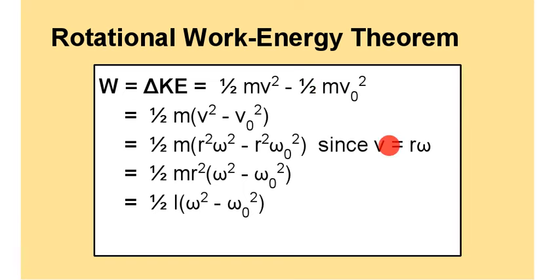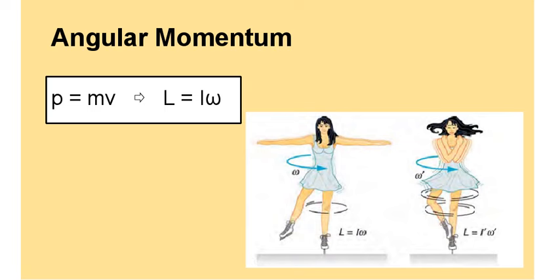Now we've made our substitution where v equals r omega, so I put those in there, and you can see that the r squared is common in both terms, so I pull that out. There's an mr squared, which is an I. Here's my omega squared minus omega naught squared. There is the work energy theorem written for a rotating object. And so once again, the old physics becomes something new.